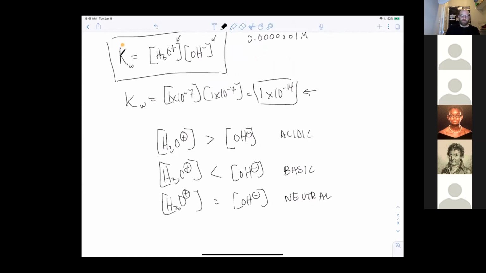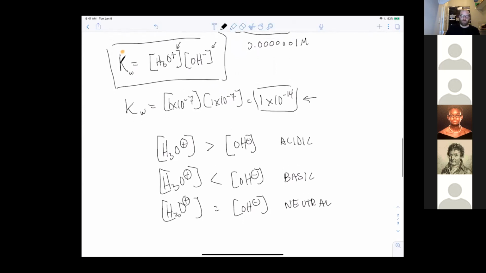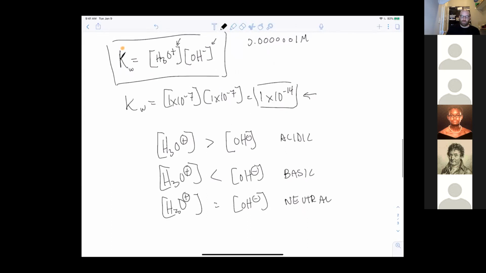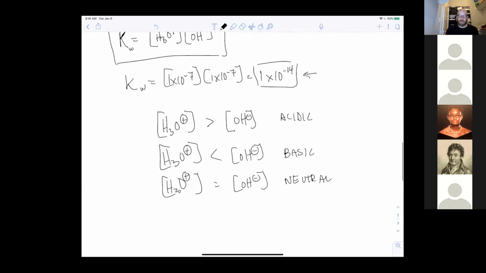The main thing to take away here, which is hard to see without actually working through a problem, is that if you know H3O plus, then you necessarily know OH minus.